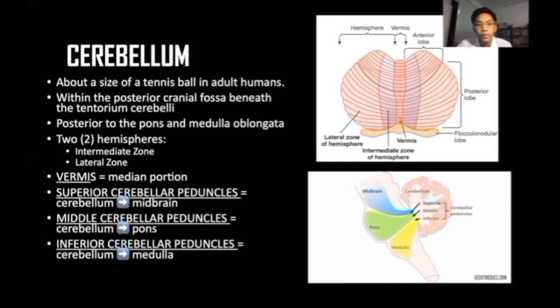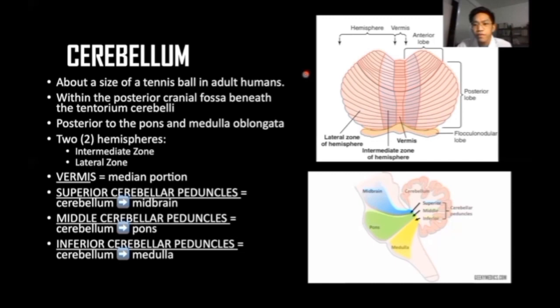So we have here the three peduncles, as we mentioned a while ago. First, we have the superior cerebellar peduncle. So, what are peduncles? Peduncles are just connectors. They connect the cerebellum to other parts of the brain.